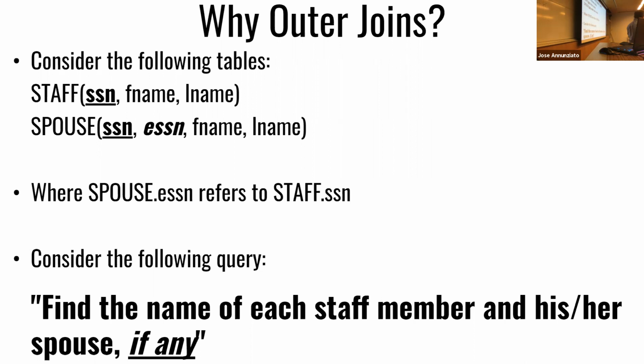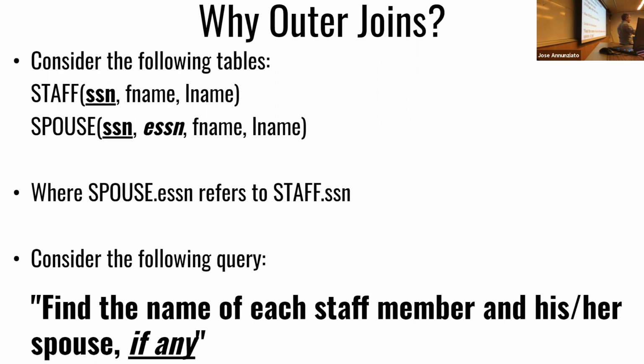I want to send invitations to a party, and I also want to invite the spouse of the employee. I want to invite the staff and their spouse, if any. That means I'm going to have to join the staff and the spouse information if I want to print the invitations correctly.